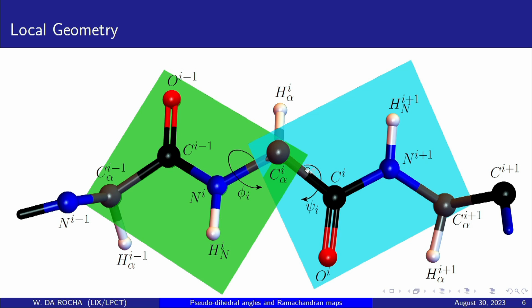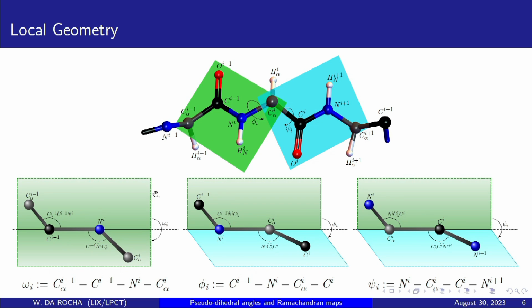The dihedral angles that are important, at least those that define the backbone, are the dihedral angles defined here: the omega angle between two consecutive C alpha atoms, the phi angle defined between two consecutive C atoms, and the psi angle defined by two consecutive N atoms. As Simon showed, they are dihedral angles, defined as the angle between two planes.